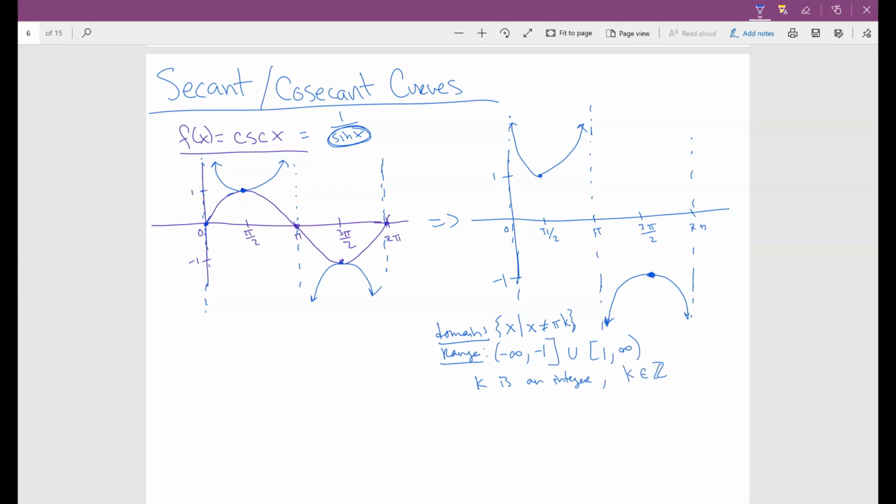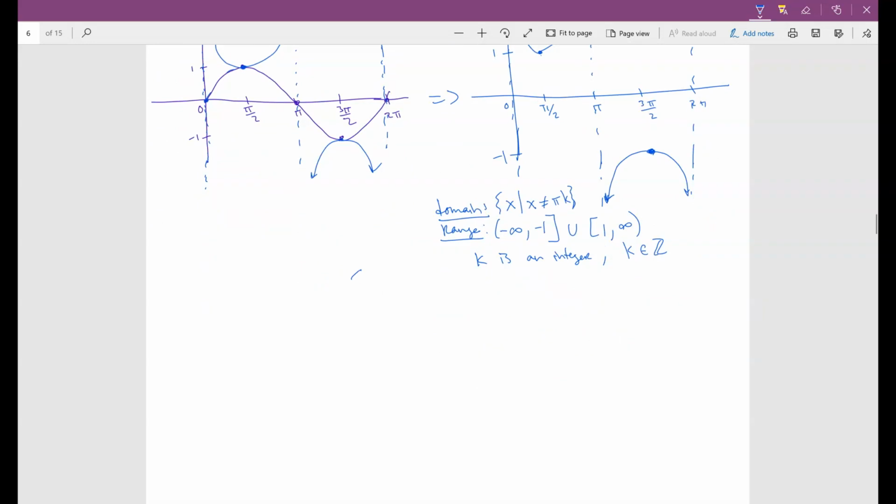Okay, so let me explain this a little bit. So this is what we call set-builder notation. So whenever you see x such that x is not equal to pi k, this means x, this means such that, and then here x is not equal to pi k. This thing, k, this is just k, obviously.